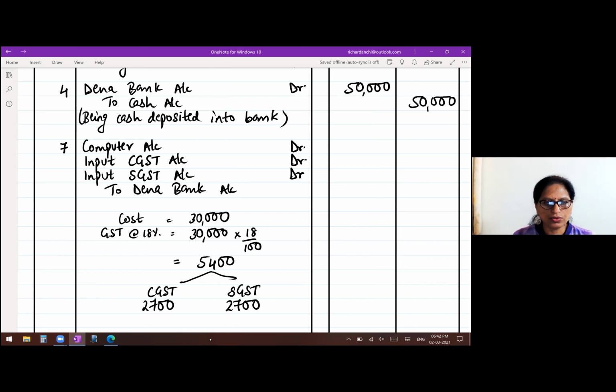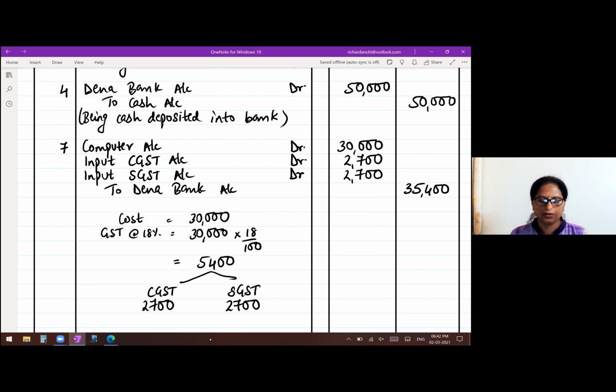So it's 30,000 plus 5,400 there. Write computer account debit 30,000, input CGST 2,700, input SGST 2,700, to Dena Bank account 35,400.